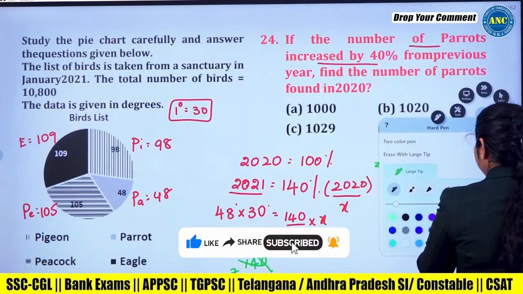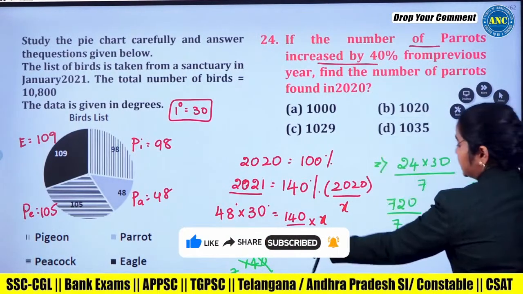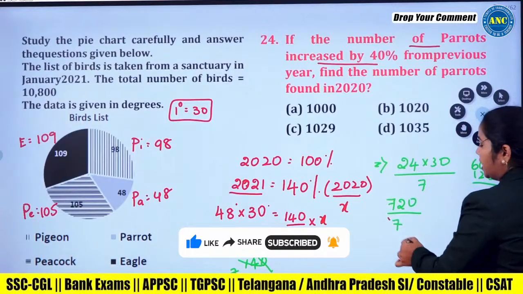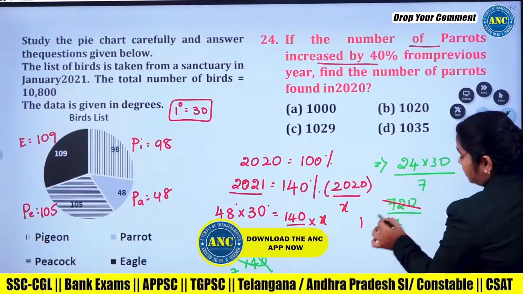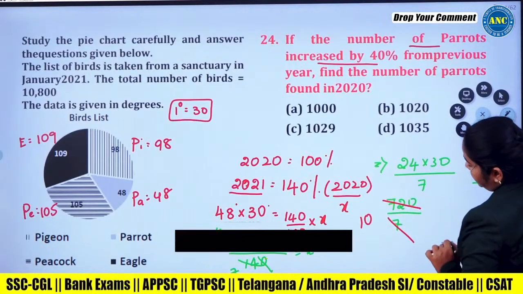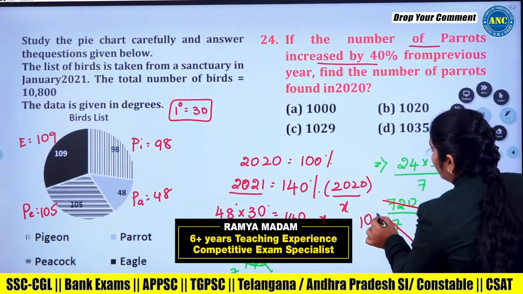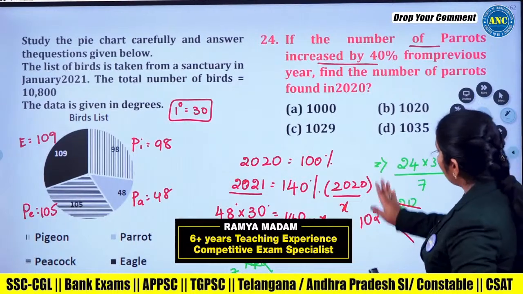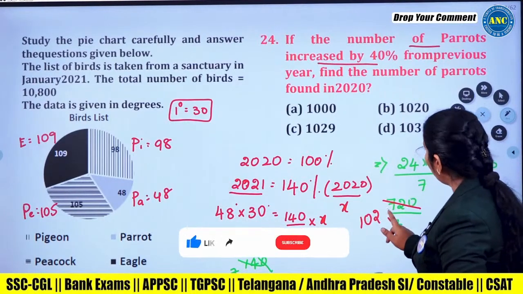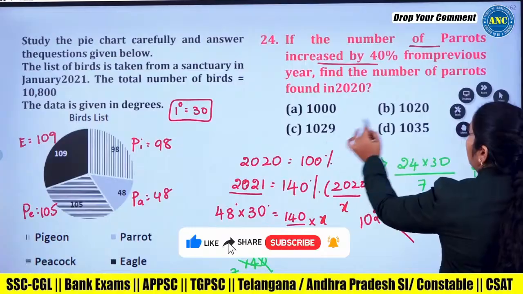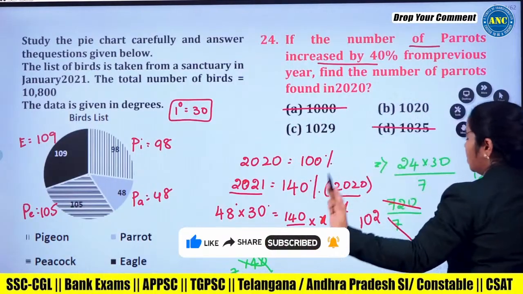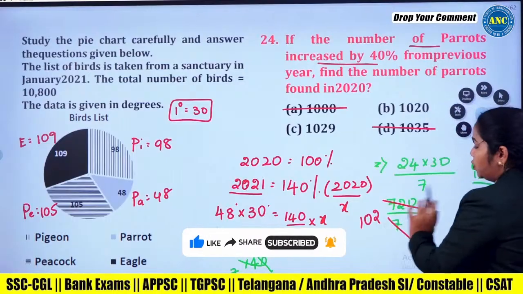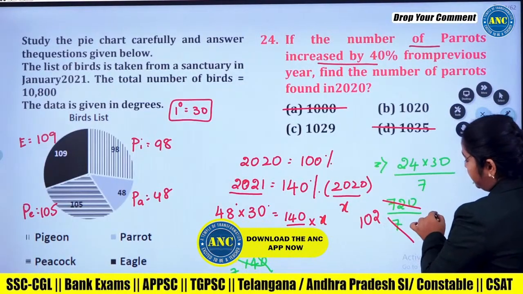Please tell me if this green color is visible to you. 7 1 times 7. Then 0, 7, 20, no? 7 2s are 14. Just go on checking with the options. 102, where is 102? Option C, option B, we have 102. So option A is wrong, option D is wrong. When 7 2s are 14, how much is remaining here? 6 is remaining.